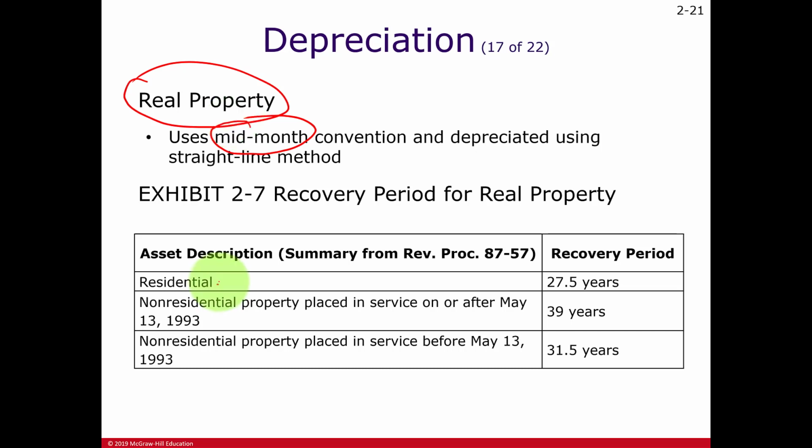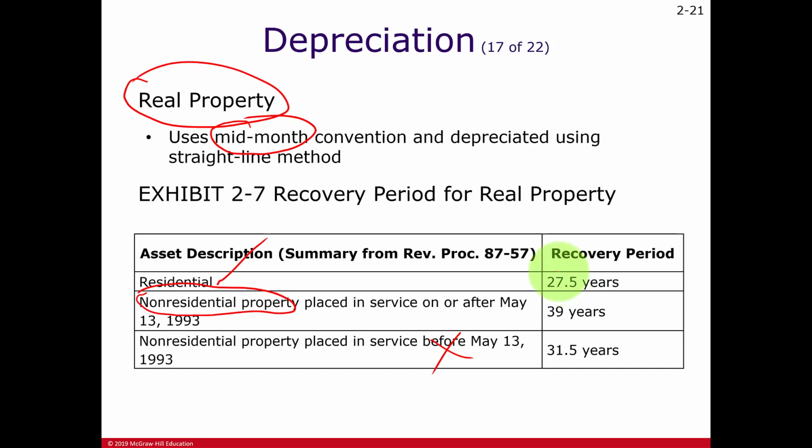One is where the real property is used for people to live, their residence, like a condominium apartment, even single family homes that are rented out, and non-residential property, in this case after 1993. So this one probably doesn't apply anymore.